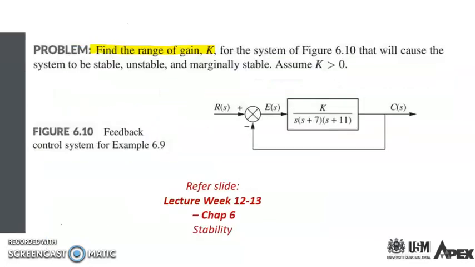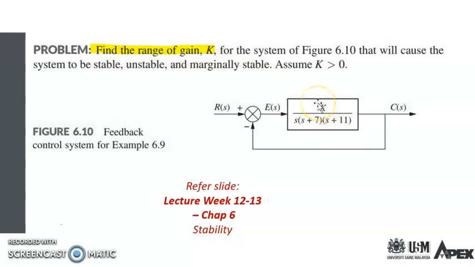Apart from that, the other chapter, which you can refer to in lecture weeks 12 to 13, is chapter 6 on stability. For this, you need to find the range of gain K. K can be any integer.